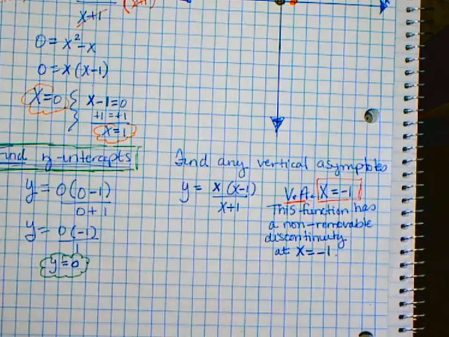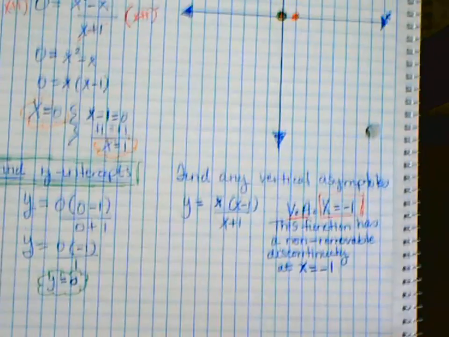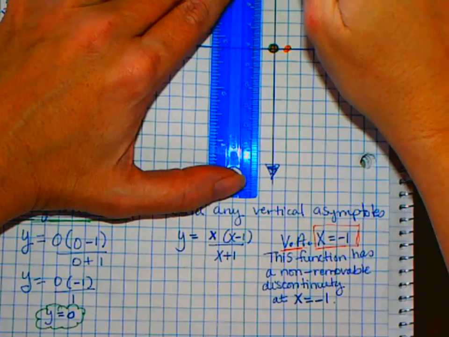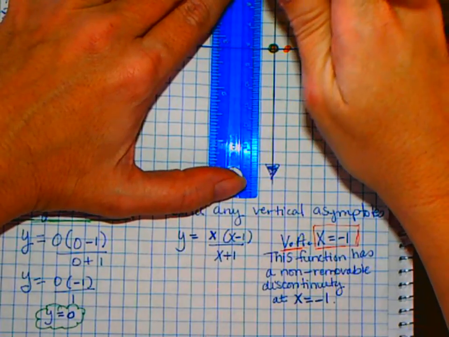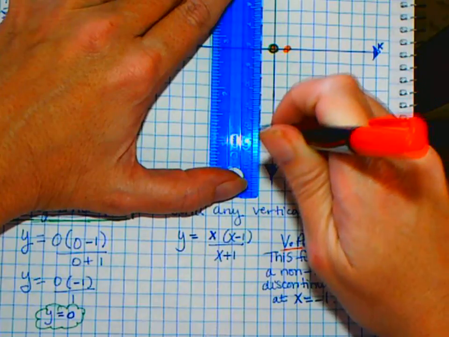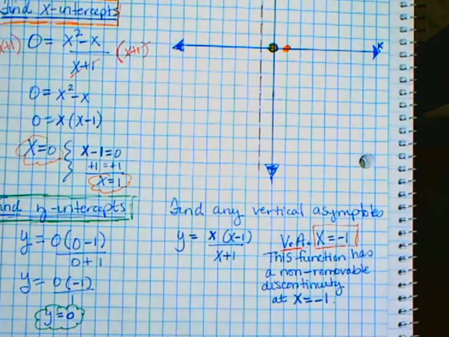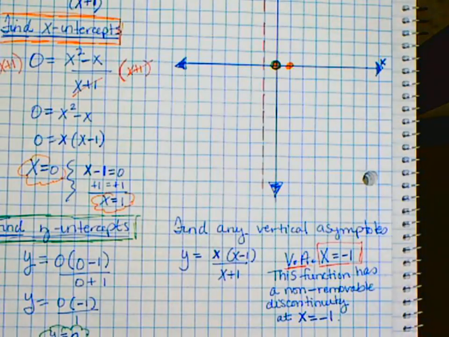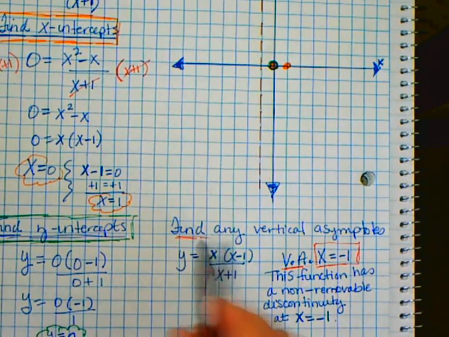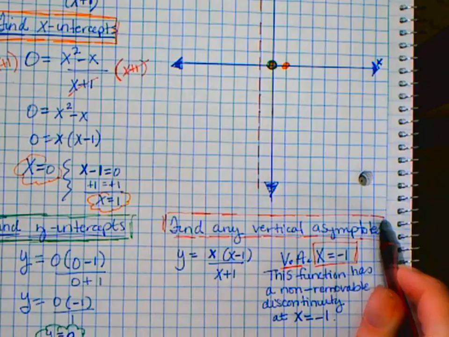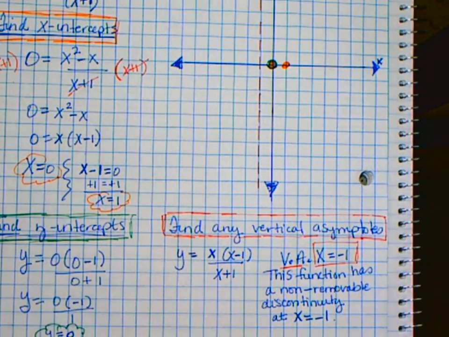Verticals up and down, so I'm also going to draw that vertical line at x equals -1. Cool beans?